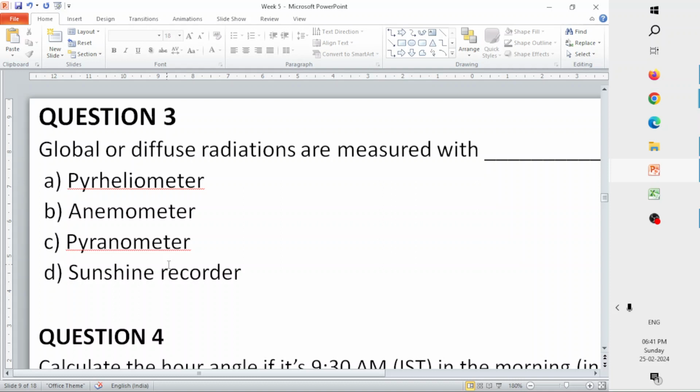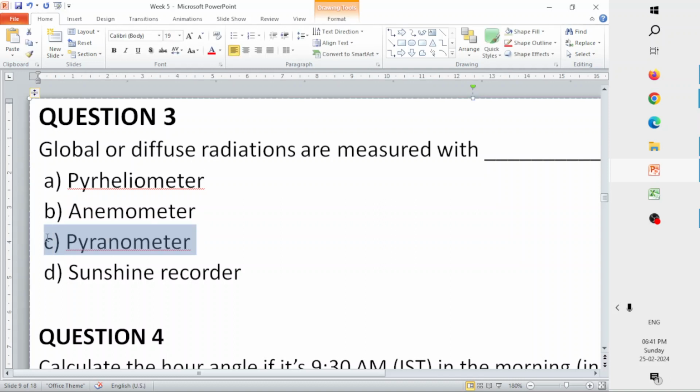Sunshine recorder and pyranometer. So yes, pyranometer is the one that actually measures your global as well as the diffusive radiation. If you remember, we have also discussed this.